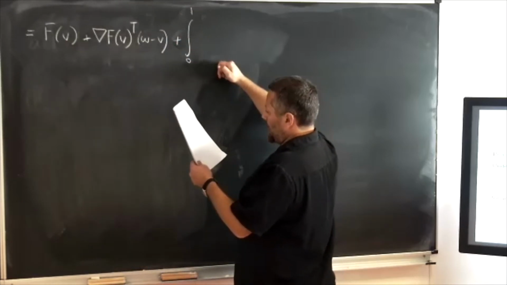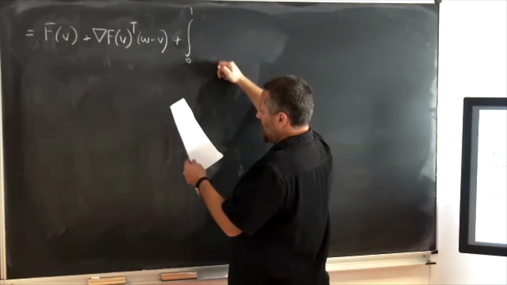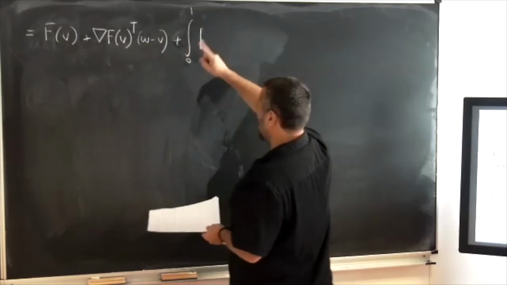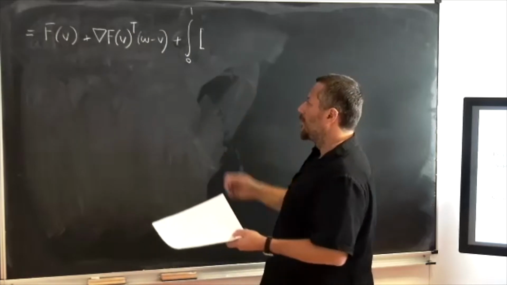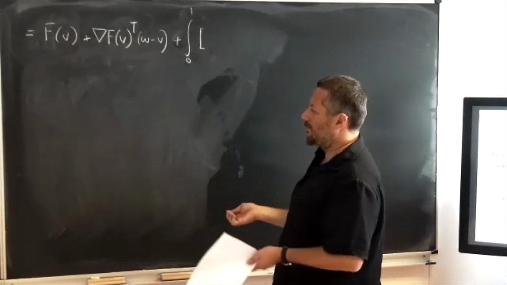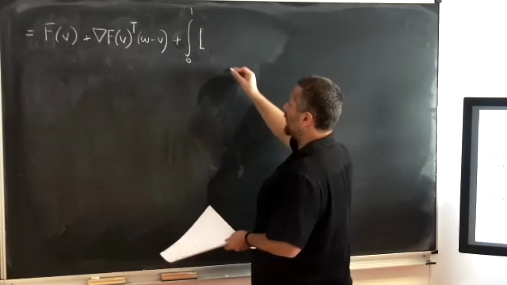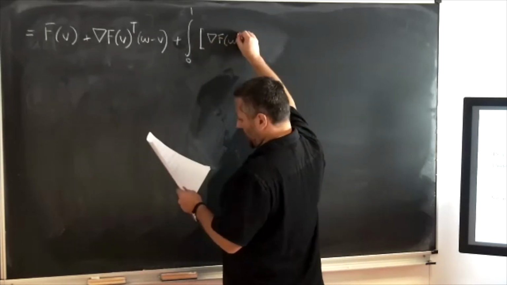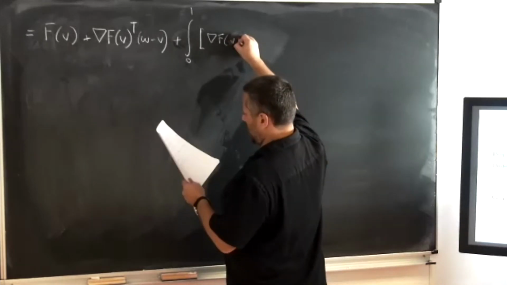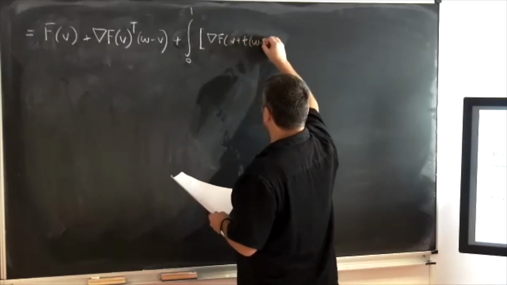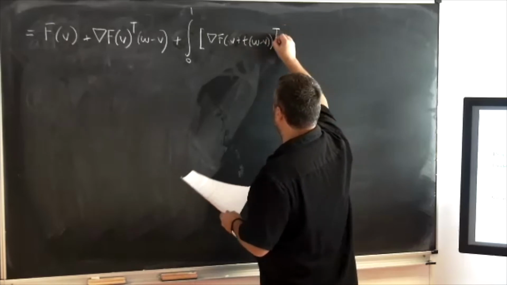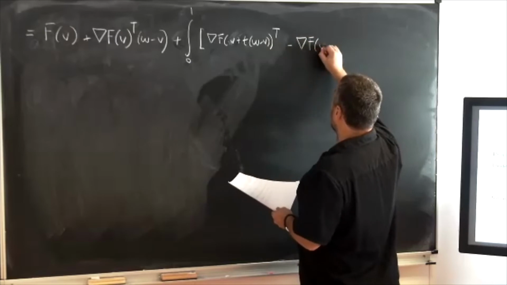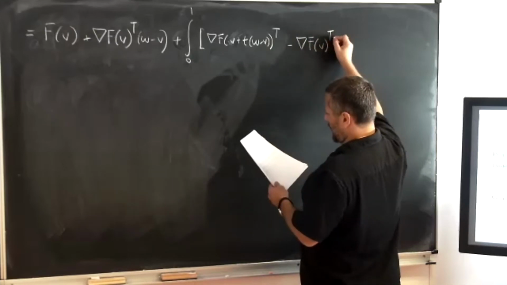If I put these together, because inner products are bilinear with respect to each side, you can write the first one, the gradient of f at v plus t times omega minus v transpose, minus the gradient of f at v transpose.